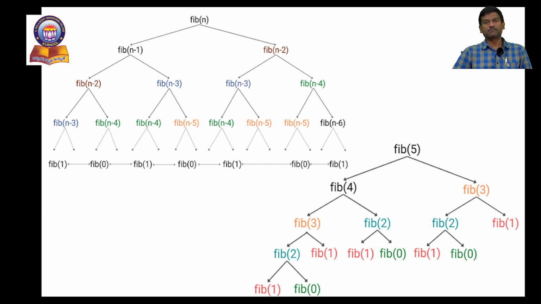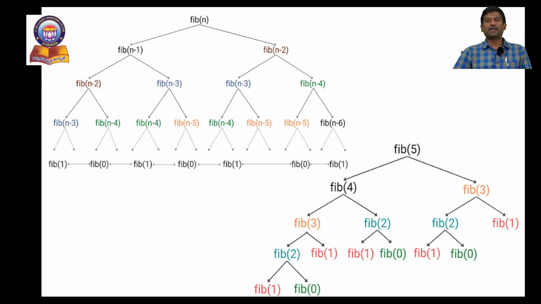We have found the solutions, that is Fibonacci of 1 and Fibonacci of 0. Once you have found the solution to these sub-problems, whenever you need to find Fibonacci of 2, which is given by the formula Fibonacci of n equals Fibonacci of n minus 1 plus Fibonacci of n minus 2, it can be solved using Fibonacci of 1 plus Fibonacci of 0.